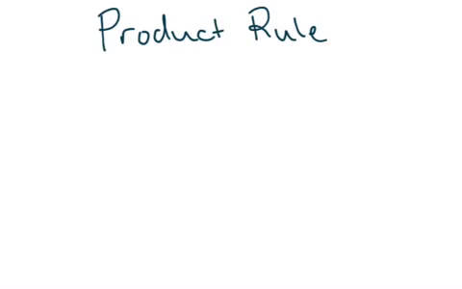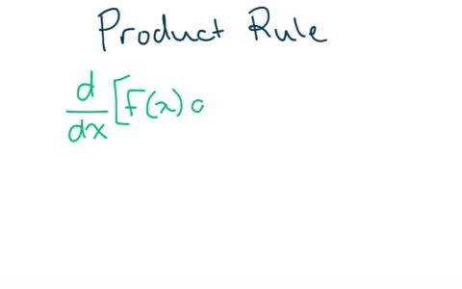All right, let's look at the product rule for taking the derivative when we have two functions that are multiplied by each other. So what we're looking for here is the derivative with respect to x of f of x times g of x.